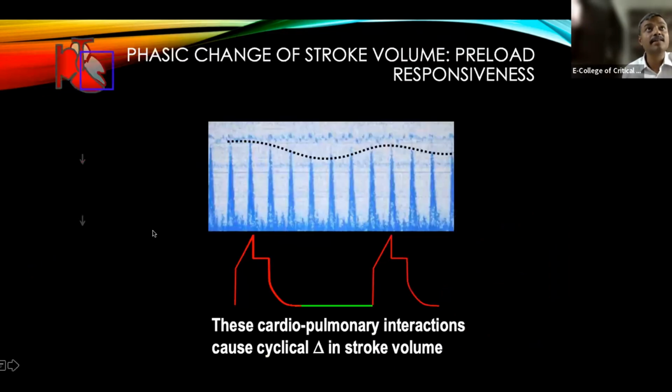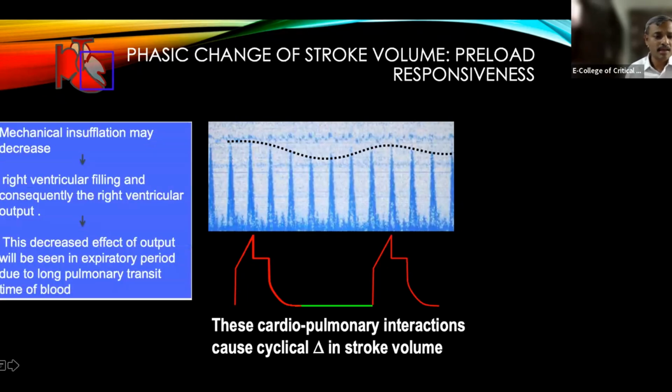So in the next 10 minutes I'm going to discuss the phasic changes in stroke volume and preload responsiveness. Remember this, very important. This is the tidal volume. The patient is on a ventilator with positive pressure. Imagine you are giving a tidal volume of 500 ml.